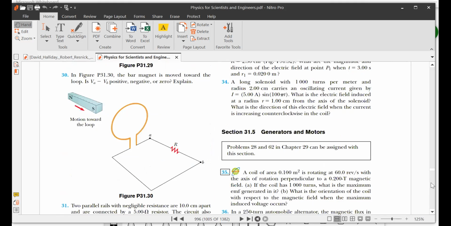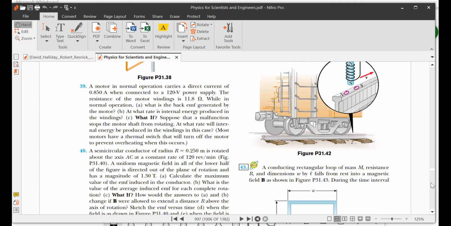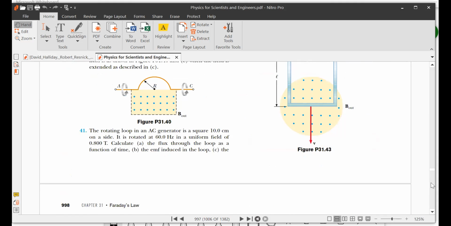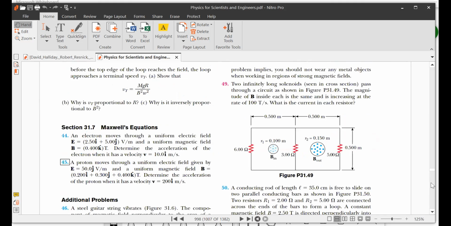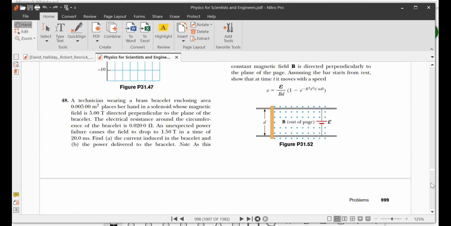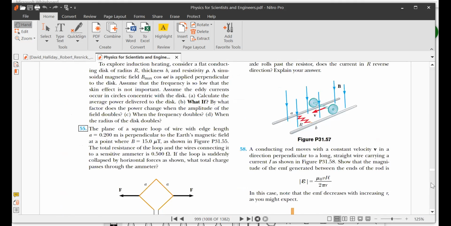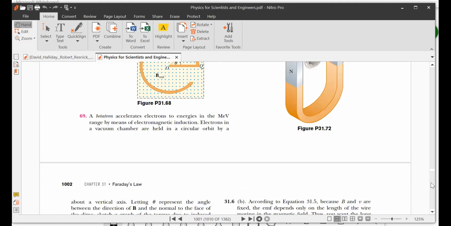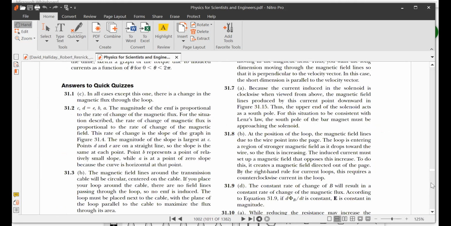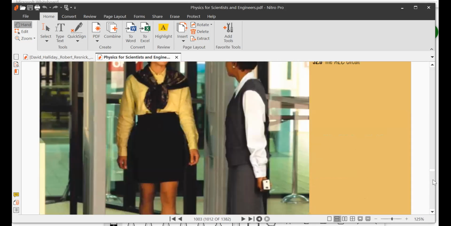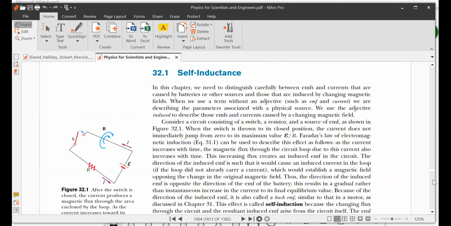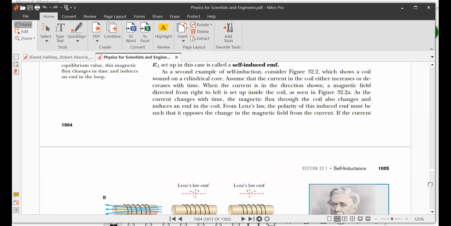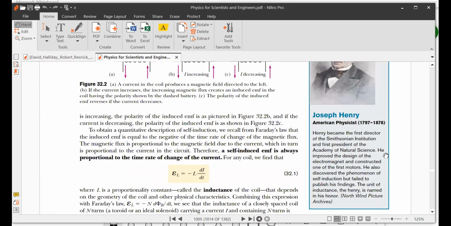Kalau tadi hukum Faraday-Lenz memperhitungkan tegangan induksi yang dihasilkan akibat perubahan fluks magnetik, yang di sini kita kenal sebagai hukum Henry.